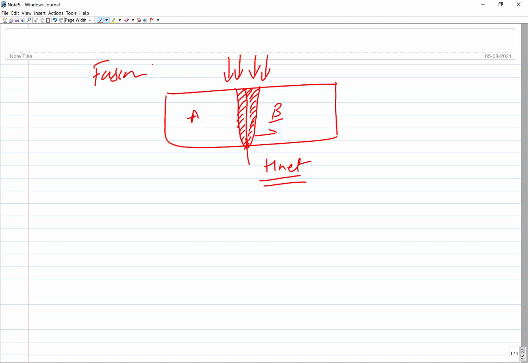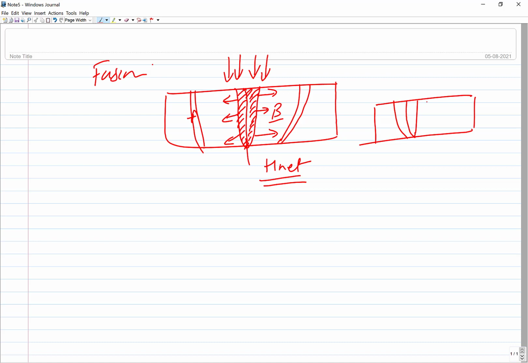Metals having good thermal conductivity dissipate a lot of heat to the underlying base metal, and this leads to the development of a very wide heat affected zone on both sides. So depending upon the thermal conductivity, if you take two metals of different thermal conductivities, one having very low thermal conductivity, the HAZ may be very narrow, and on the other hand, if thermal conductivity is high, the HAZ is also wide. That's what you can see here.